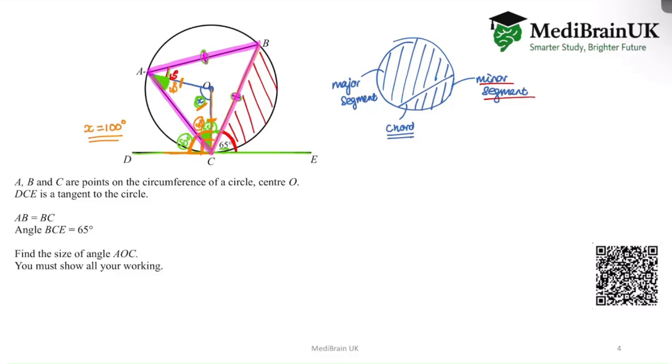So if we quickly note down the rules that we went through, first of all, we realized that we needed to use the alternate segment theorem. Okay, so step one, we used the alternate segment theorem.